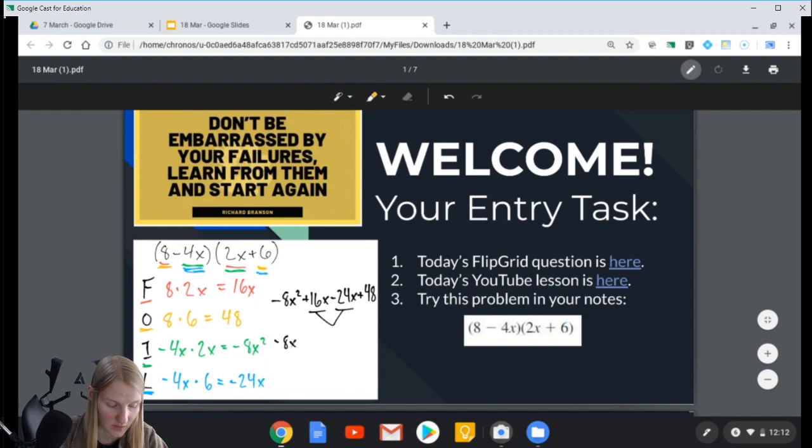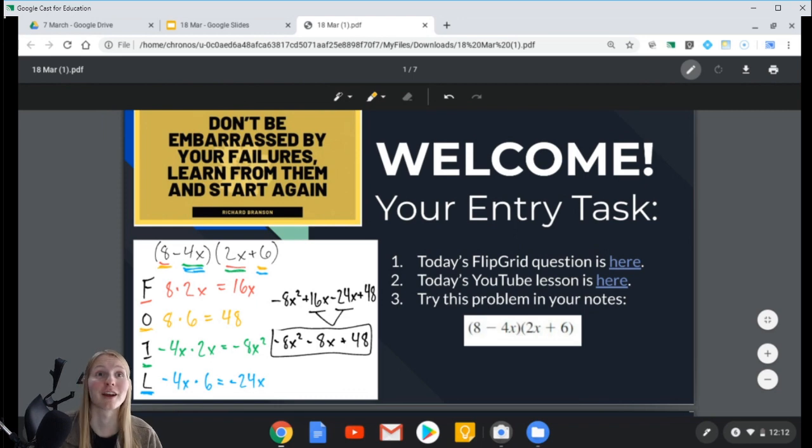So I'll have negative 8x squared, and then 16 minus 24 gives me negative 8. So this will be negative 8x plus 48. And because I can no longer combine any like terms, that is my final answer.